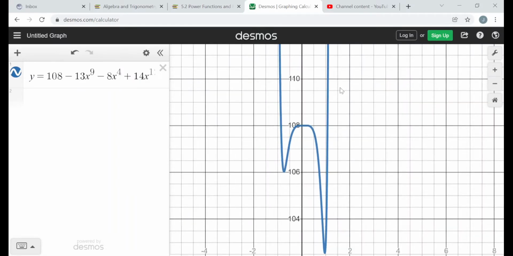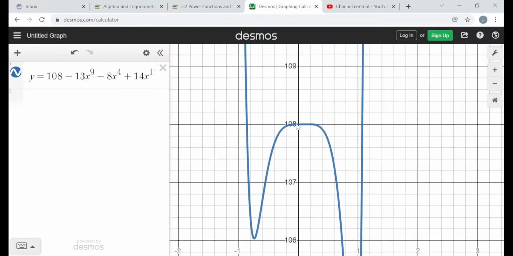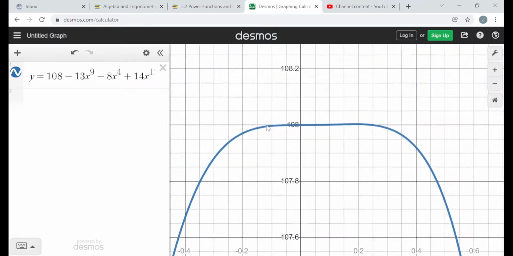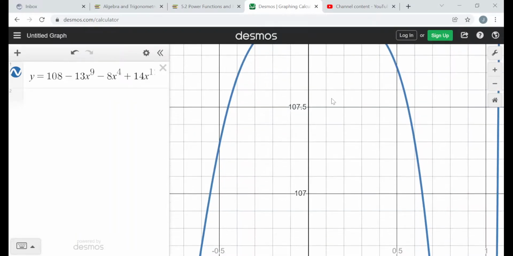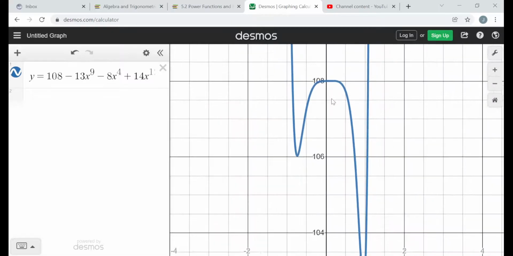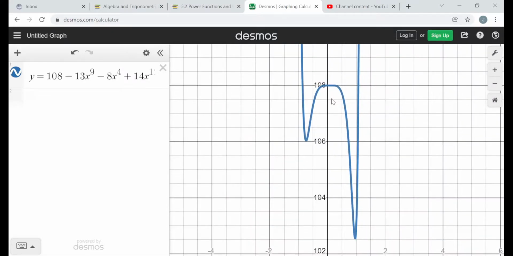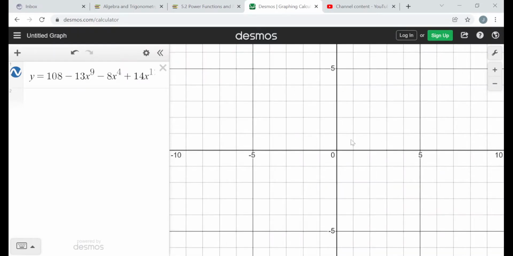I talked about the end behavior, and it looks like there's maybe another turning point in here, and another one down here. You know, if I zoom in a little closer. Yeah, maybe 1, 2, 3. So it looks like there are about 5 turning points and no x-intercepts. All right, this graph does not touch the x-axis. The x-axis is way down here.